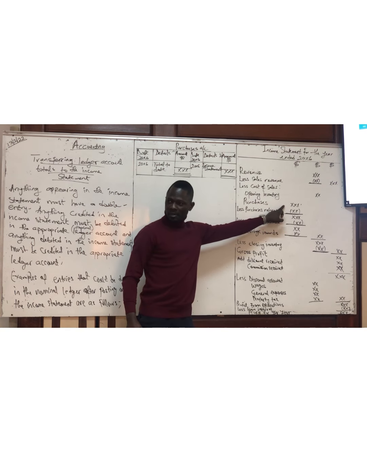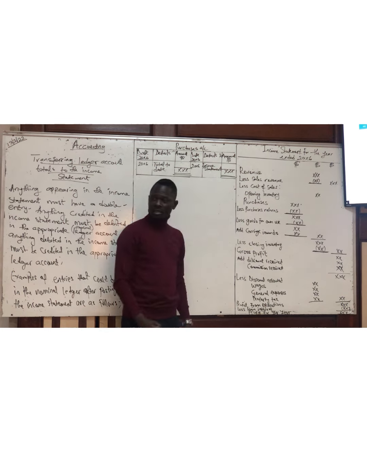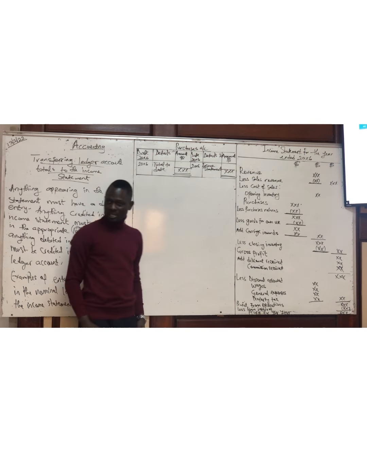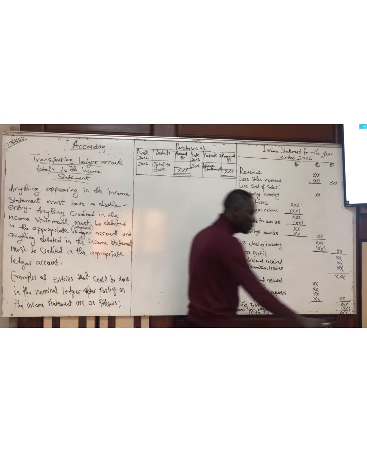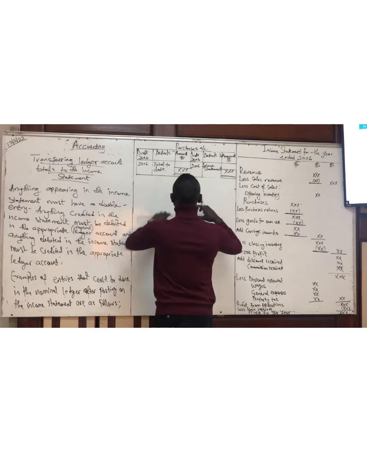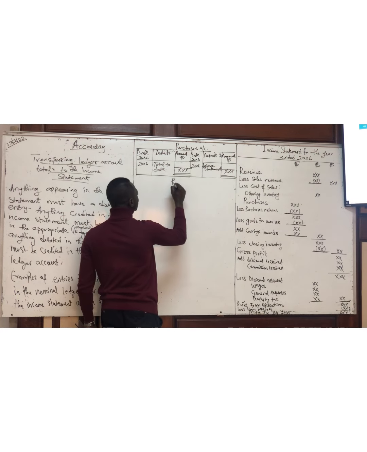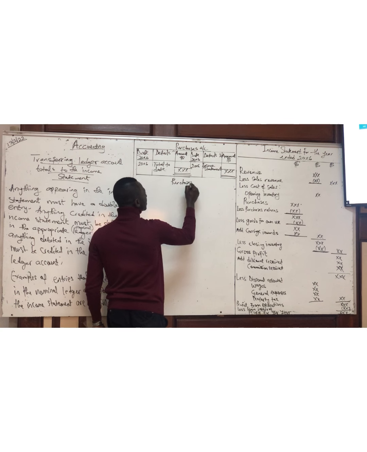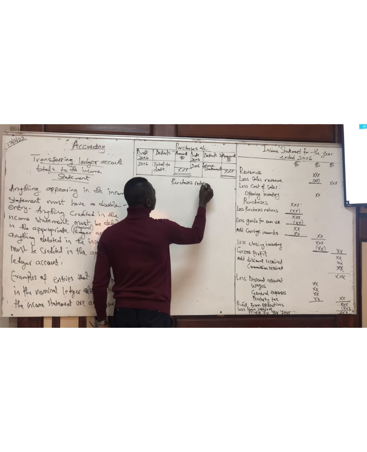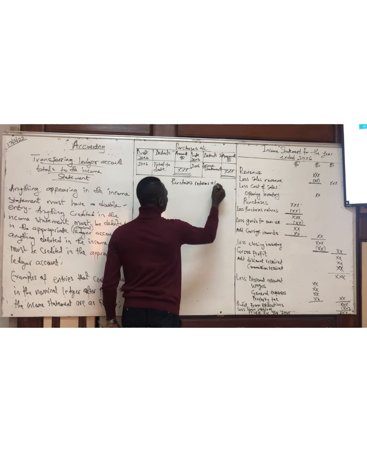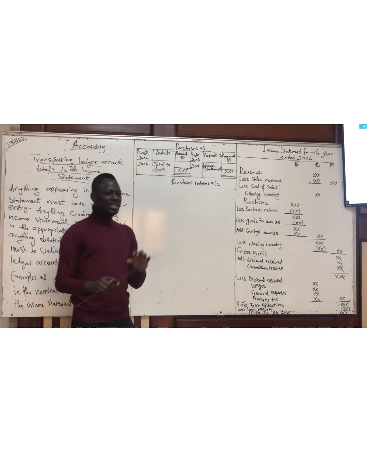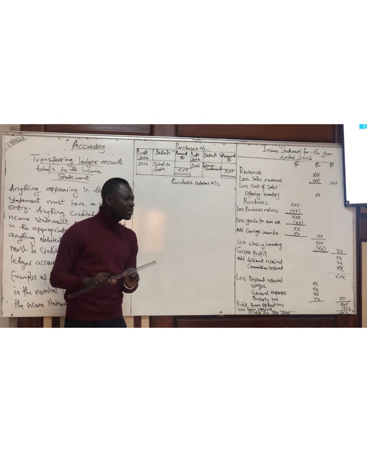Is it clear? So let's take purchases returns. Purchases returns are taking it out of the business, right? So how do we open our purchases returns now? So we have our purchases returns account. Please take notes. There's a difference between your purchases account and your purchases ledger.